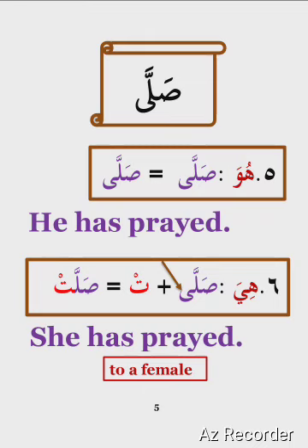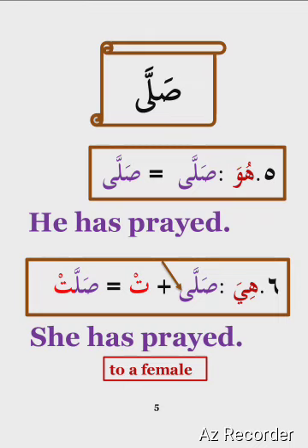Sitta, number 6. Here, she. So how do we change the verb salla to suit here? All you need to do is to attach ta'un carrying sukun to the last letter. Remember that the ta'un is carrying sukun, and the ya'un, being the last letter of the verb salla, was also carrying sukun.